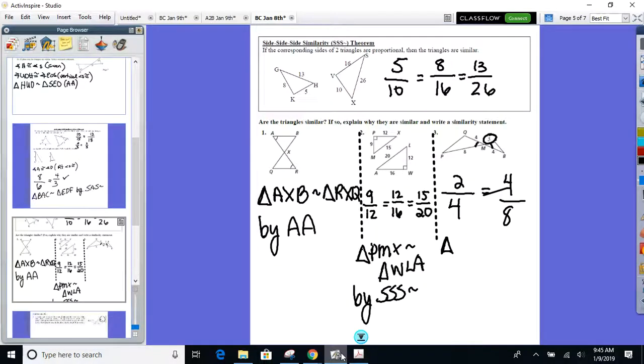25, got a ratio, got a similarity statement for me? What was the other? By AA tilde.